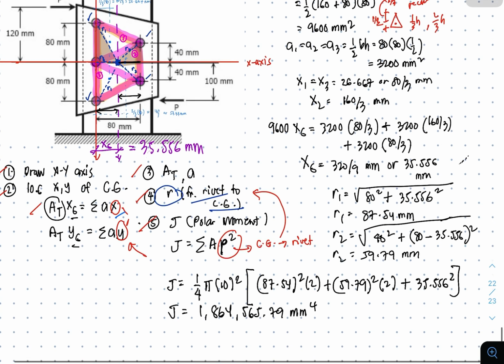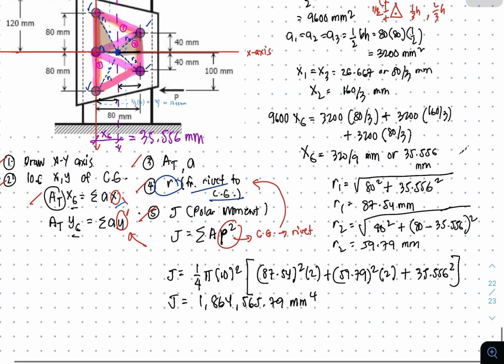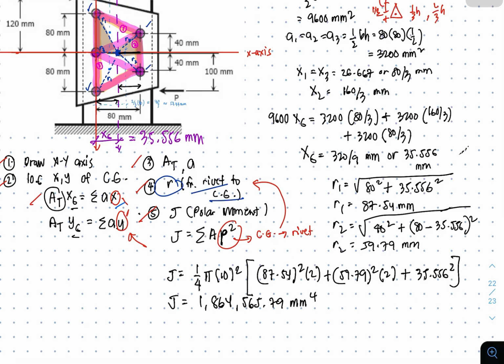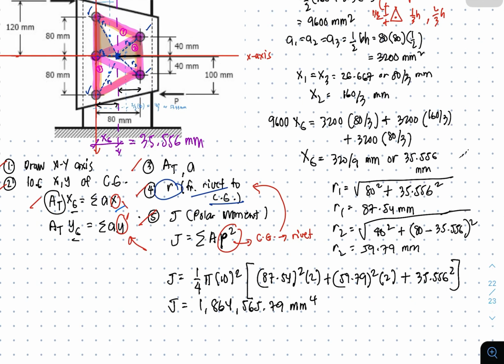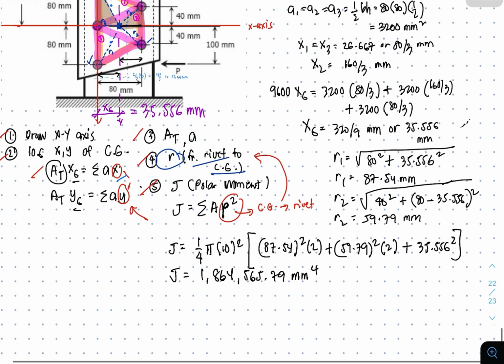And right now, we need to solve for the value of P. Knowing that we are given the allowable shearing stress, we have already solved for the rho as well as the polar moment of inertia. The formula for that one is simply stress is equal to the torque times the rho for the critical rivet, the distance of the critical rivet from the centroid, all over the polar moment of inertia.